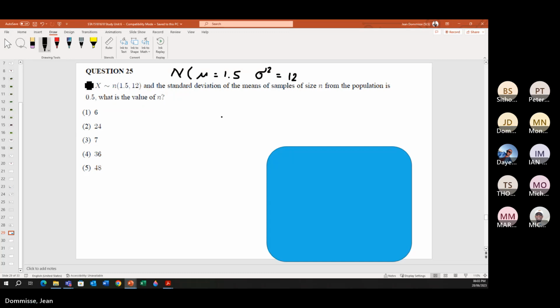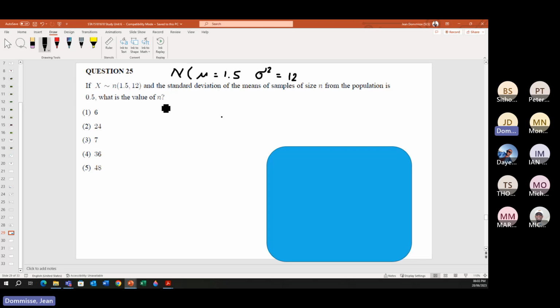They tell us if that is that, and the standard deviation of a means of a sample of size n from a population is 0.5, what's the value of n? So if x is normally distributed and the standard deviation of means of samples of size n from a population is that.